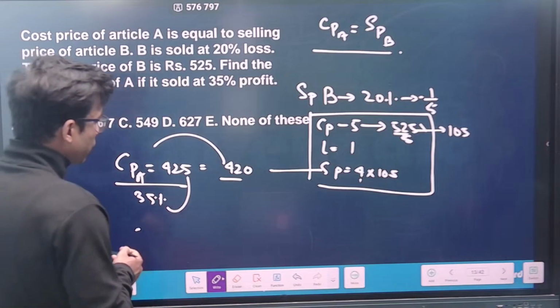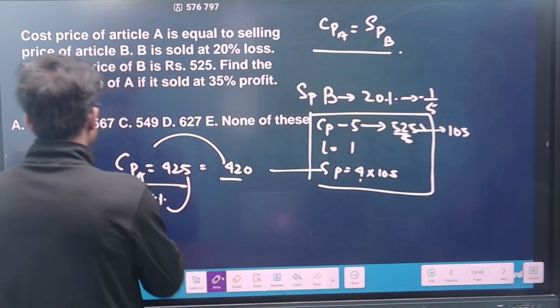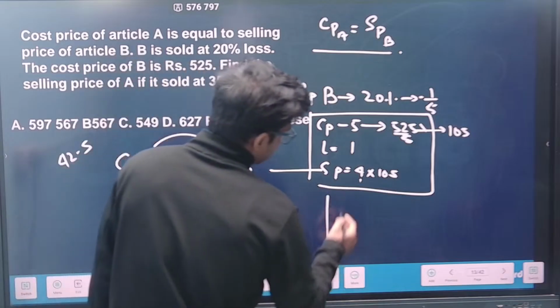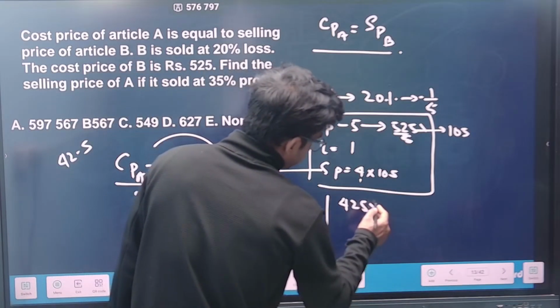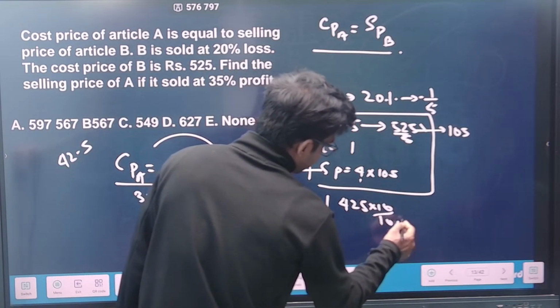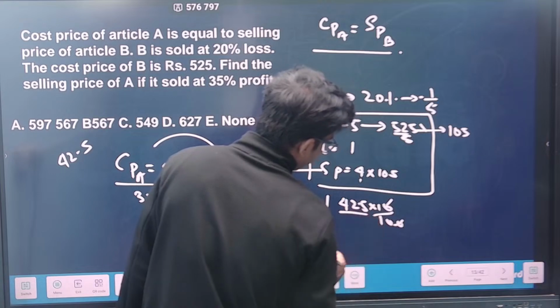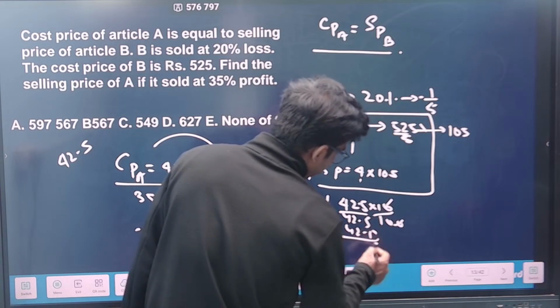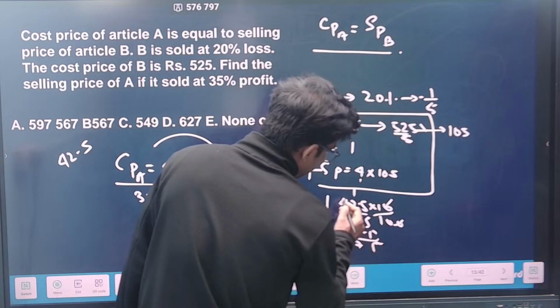Now it's up to you. If you figure it out, the 10% would be 42. See how to figure it out. The 10% of 420 would be how much? 10 by 100, the 0 gets cancelled out, which is 42. So 42 and then 42, and half of it, 21, and so on.